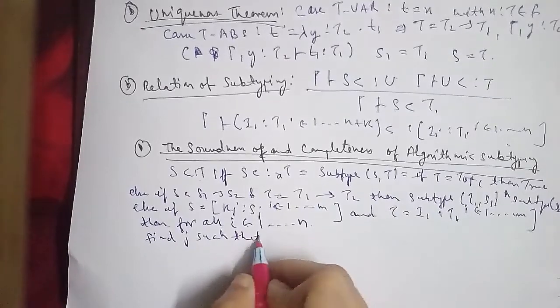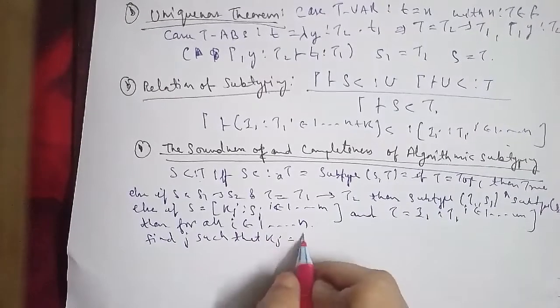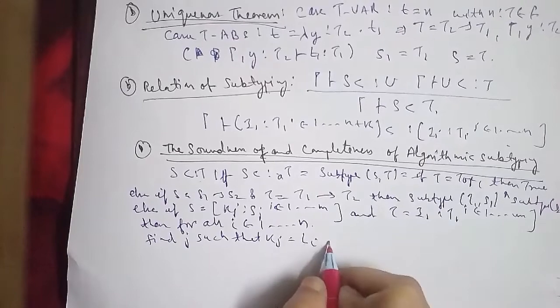So this is the proof of the algorithmic subtyping written in this form.